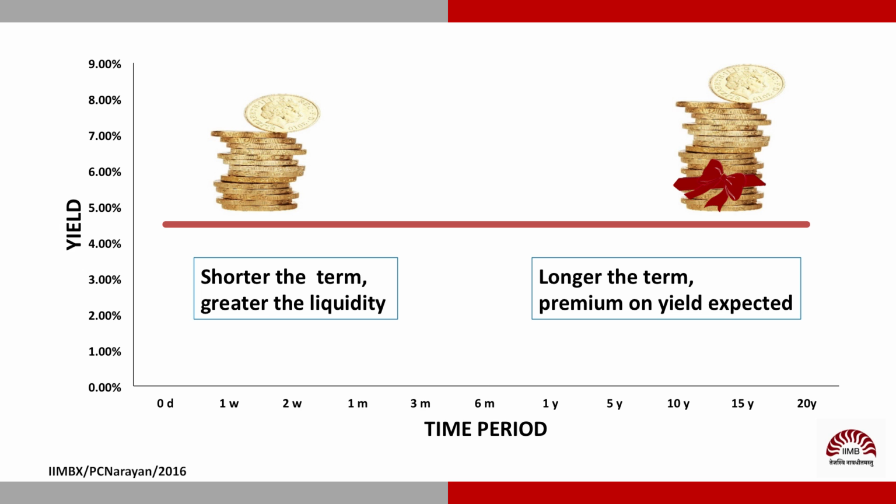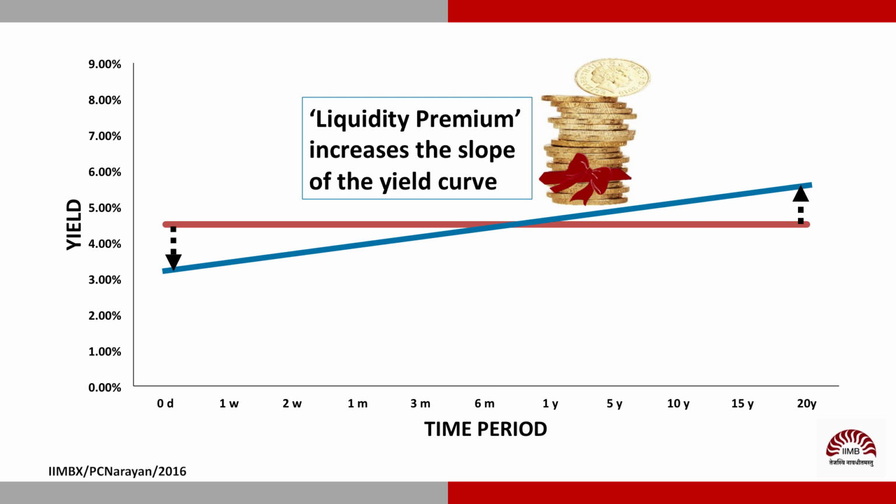In other words, the longer you keep your money invested somewhere, the higher the yield or the interest rate you would like. In effect, liquidity premium increases the slope of the yield curve. Short term, lower interest rates; longer term, higher interest rates. Therefore, the yield curve should be sloping upwards if liquidity premium theory was the only theory that was applicable.